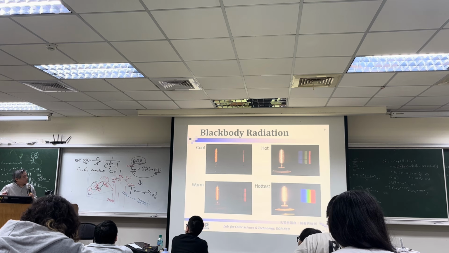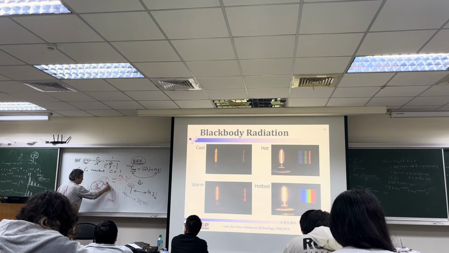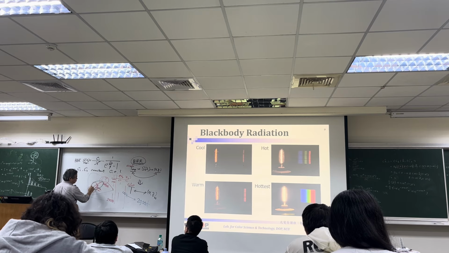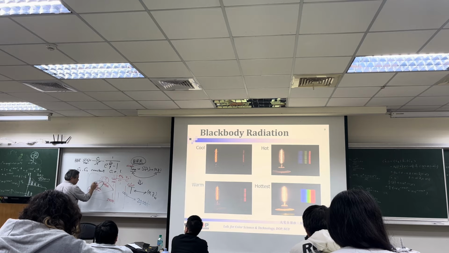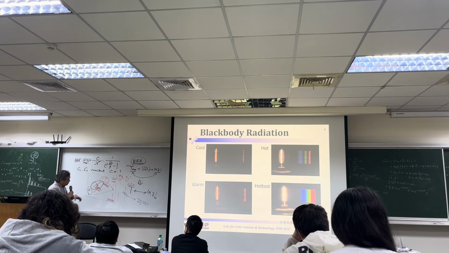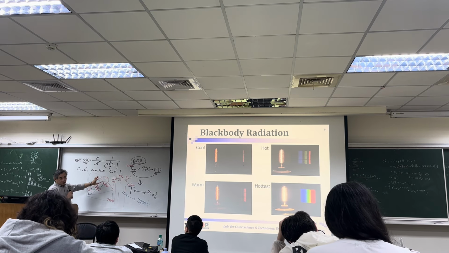So remember, color temperature just tells you where it is on the locus. It tells you which white it is. For lower color temperature, the color will be closer to yellow.